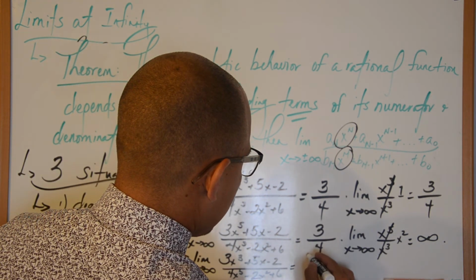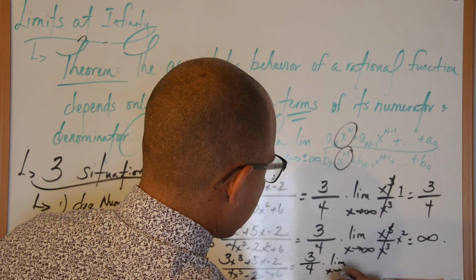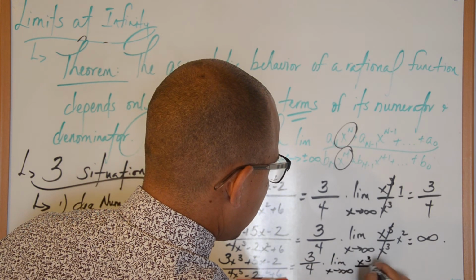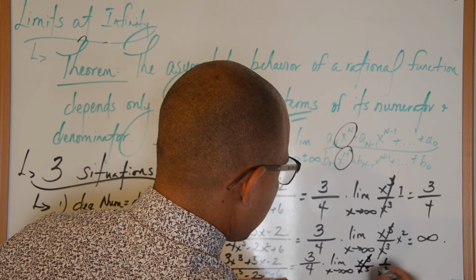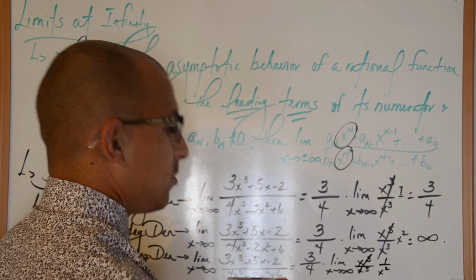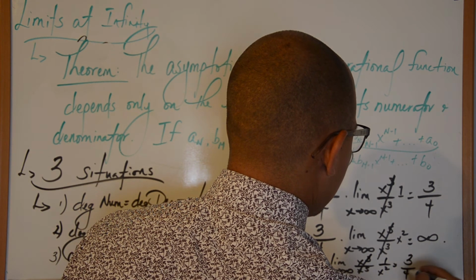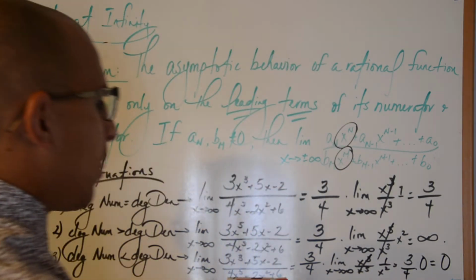So yet again, 3/4 times the limit as x approaches infinity of x cubed over x to the 5th, which is really 1 over x squared. And we know that that will become a 0, and 3/4 times 0 is 0.